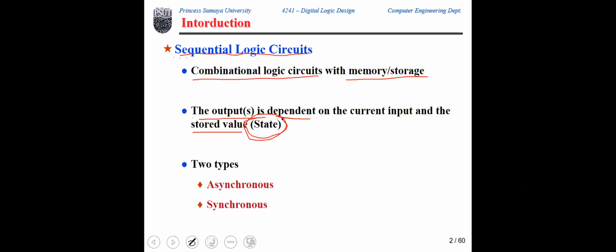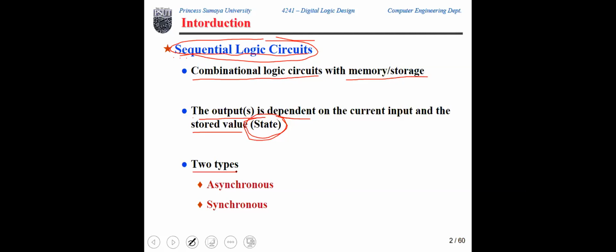So in this chapter, we will study how to analyze and design sequential logic circuits. These circuits are very, very important in digital systems. Almost every digital system has some form of sequential logic behavior, let's say. Okay, now there are basically two types of sequential logic circuits.